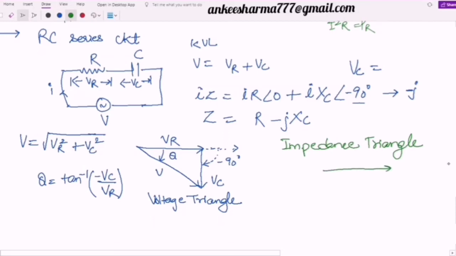So R is in the direction of I, I have taken that. XC will definitely be 90 degrees phase shifted here and it is in the negative direction. So it is in this direction and the resultant of this will be Z. So again over here you will get this theta, which is again on the negative side. So theta will come out to be tangent inverse of minus XC by R. Yes, don't forget to write the minus here.